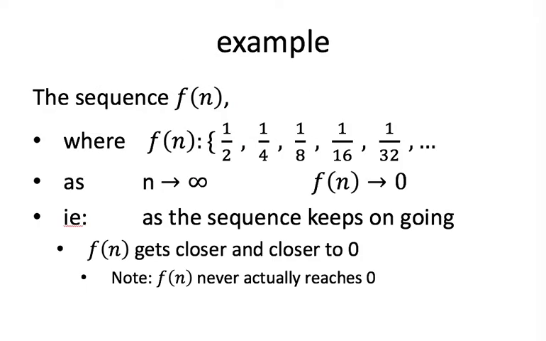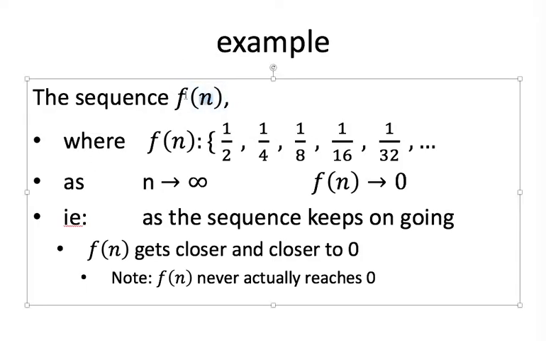Let's do an example. So here we have the sequence f of n. This sequence f of n is defined as the sequence 1/2, then 1/4, 1/8, 1/16, etc. In this sequence, as the numbers keep on going, as n goes towards infinity, my f of n keeps on getting smaller and smaller and smaller and gets close to 0.